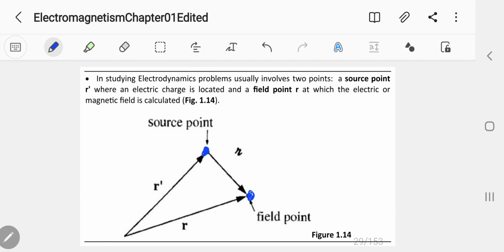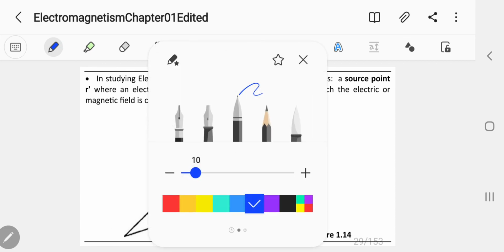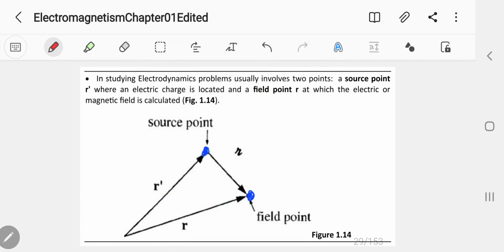But the source of that electric field would be, say this is the source, the red one. And this is the field point. There is a difference between the source point and the field point. The distance or the displacement between the source point and the field point is called the script r.